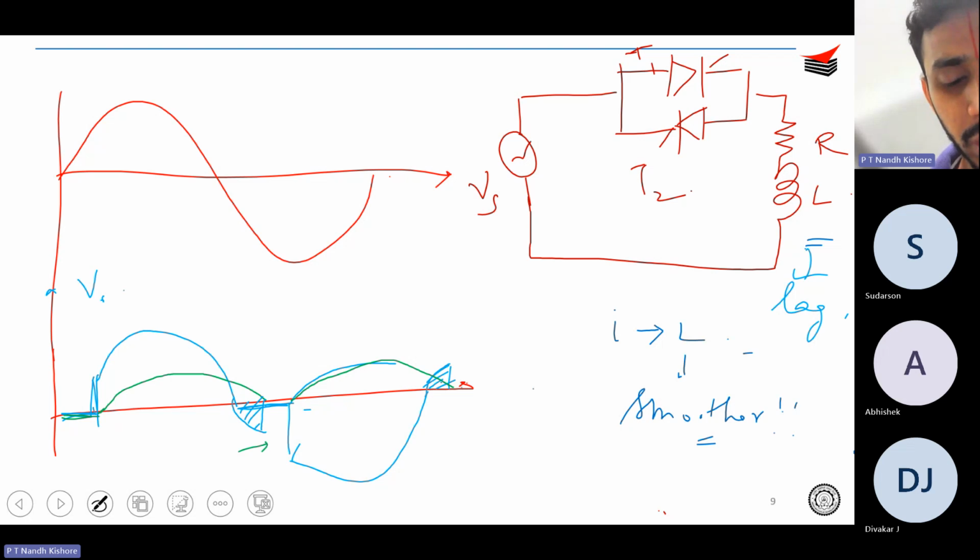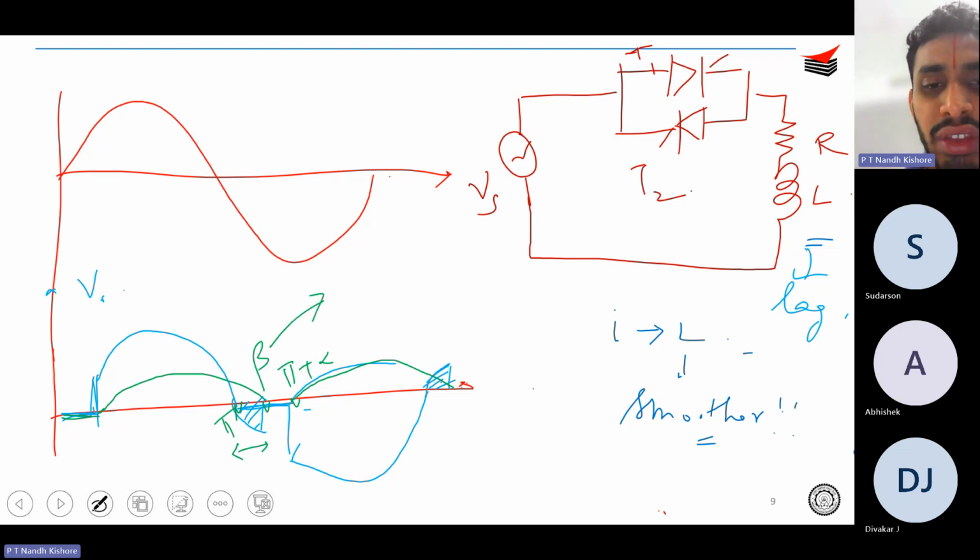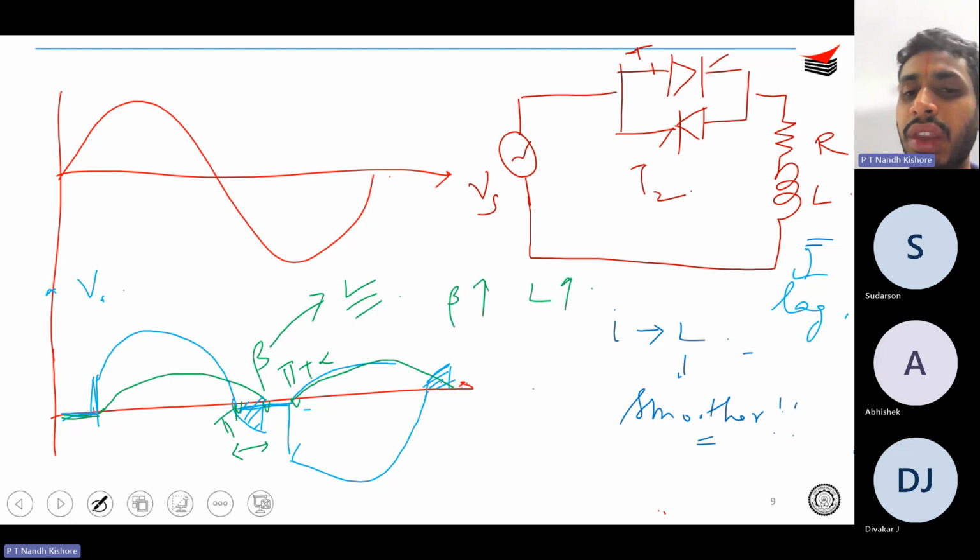This lag, this phase shift, if I call this point beta, and this is pi plus alpha, pi. So this is pi, this is beta, and this is pi plus alpha. The value of beta is fixed by your L. Your beta will be higher if your L is higher. Simple, right?